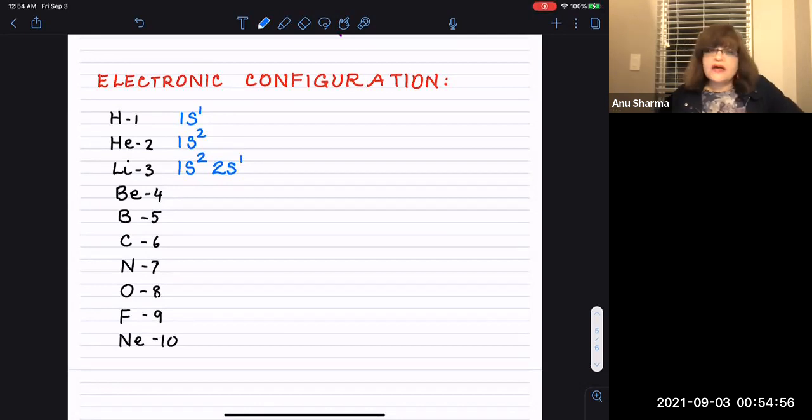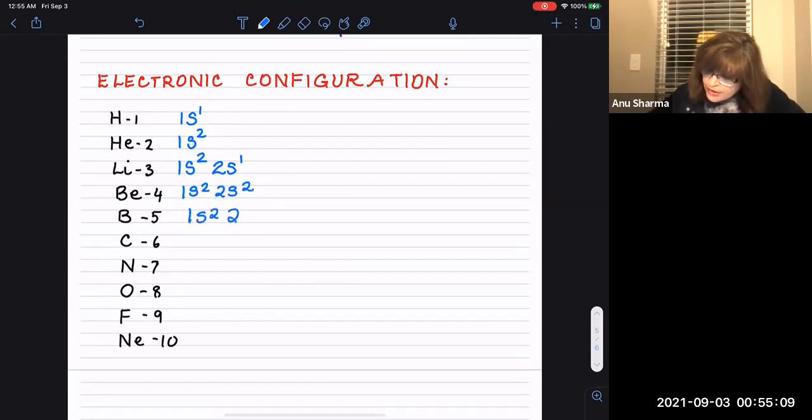Okay, next is beryllium. Beryllium is 1s2 and 2s2. Boron is 1s2 and 2s2, and there's 1 more, so this goes to the remaining 2p1. Okay, 2p1.